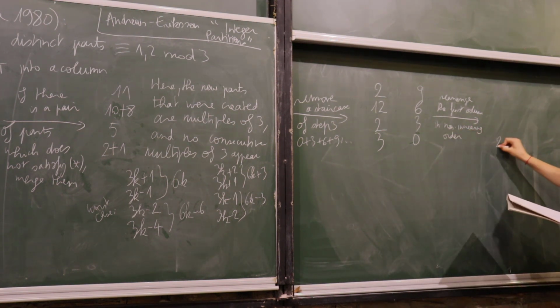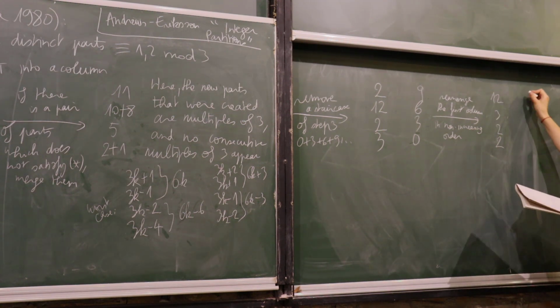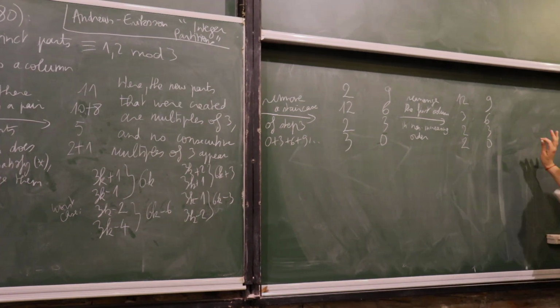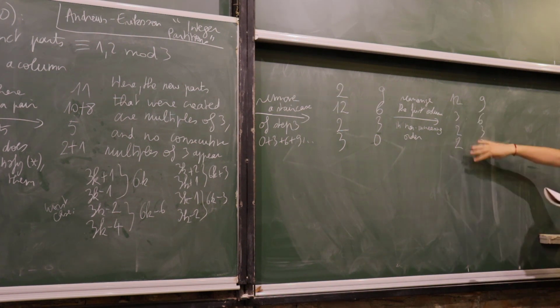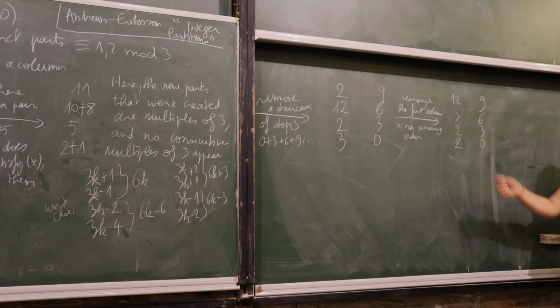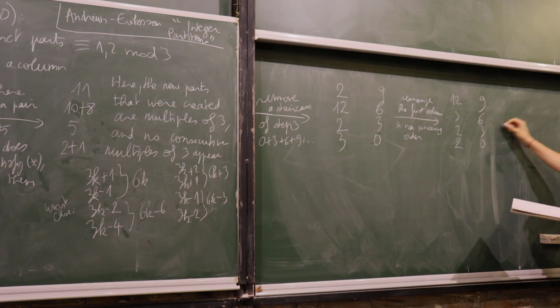So here that would give us 2, 2, 3, 12. And still next to it, you keep the staircase untouched. Okay? So now at least what we have here is also a partition, because here it was more like a composition. It was not in the nice order. And once we have done that, we add the staircase again.